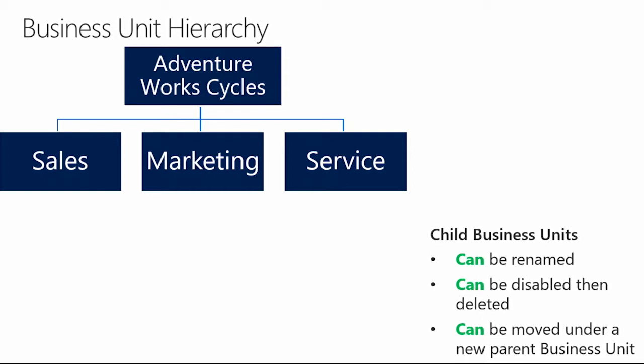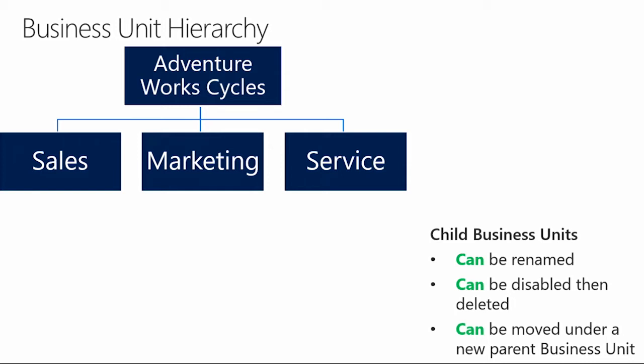You might have regions. You might have North America, EMEA, Asia, those types of different situations. Every organization is going to be a little bit different. So you have to really define, okay, what's my underlying structure for how we're going to compartmentalize these individual groups of users and teams, and then you can name these business units accordingly.